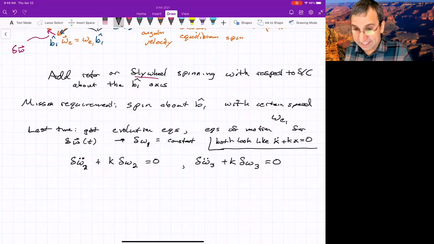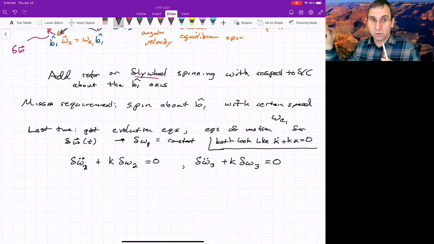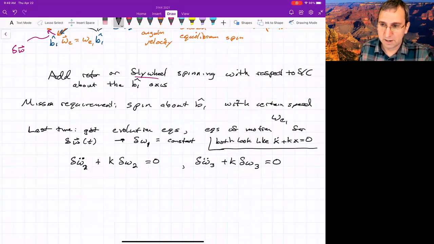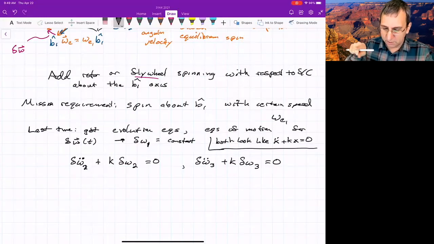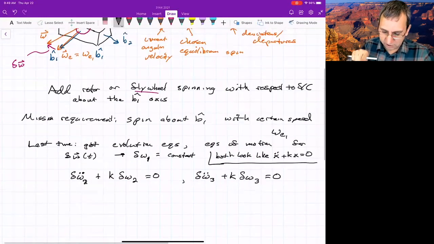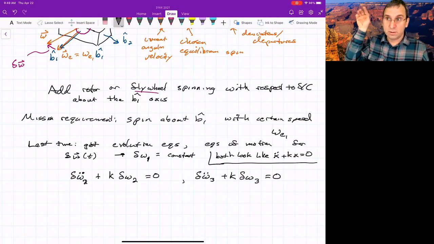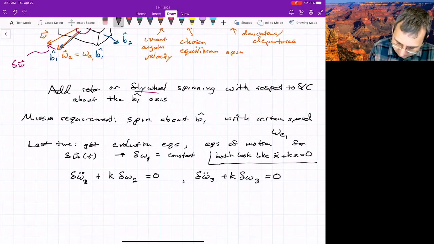If k is negative, then you get exponential growth, meaning unstable. Otherwise, if k is positive, then you have sinusoidal motion, and we would call that stable. It means that omega 1 and omega 2 are just going to be sinusoidally changing. So there'll be some wobble around the direction you want, but not growth. It won't be unstable.